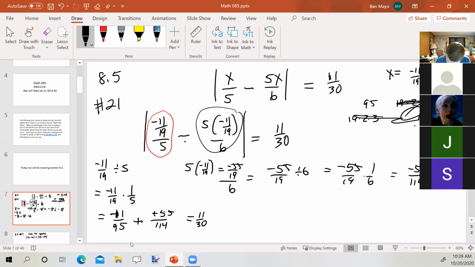We took 5 times 19. So 19 times 5, and then 114, how did we get that? That was 19 times 6. So the LCD is going to be 19 times 5 times 2 times 3, which is 114 times 5, 570? Is that right? Boy, this is just awful, isn't it? So I think 570 is our least common denominator.